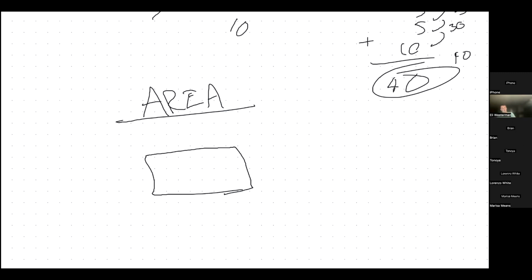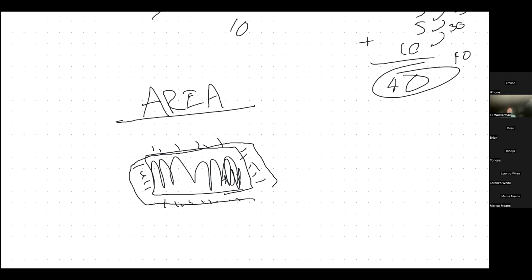So instead of being concerned about the fence, let's draw him a fence. That's a really ugly fence, but we drew him one. Now he's concerned about the grass, the surface area of the field, how much it covers. Let's call area how much it covers.